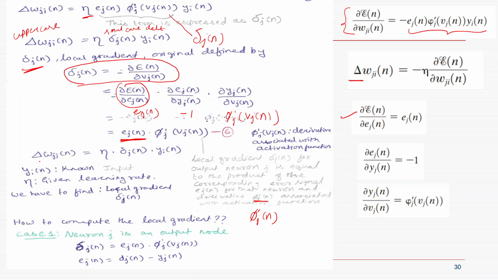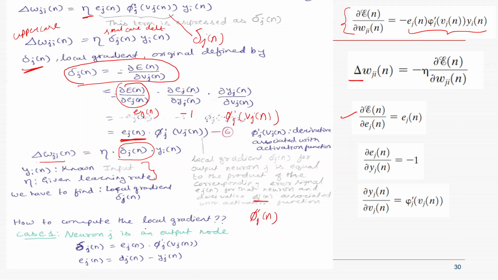The weight update, delta Wji of n, is the learning rate eta times delta j of n times Yi, the input signal. When we are given the input signal and the learning rate, to update the weight we should compute this delta j of n.